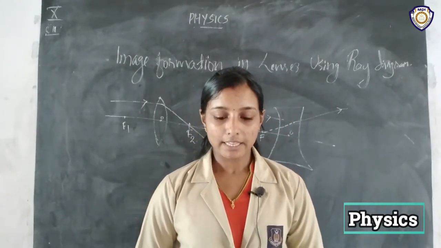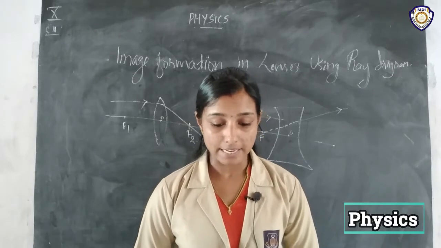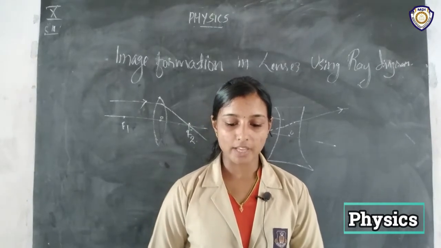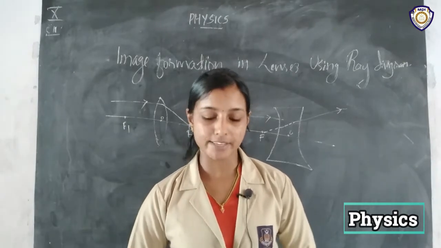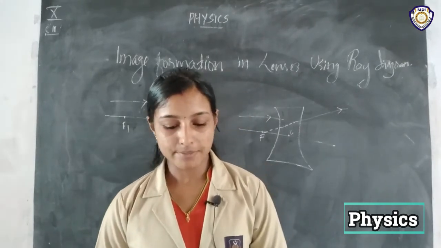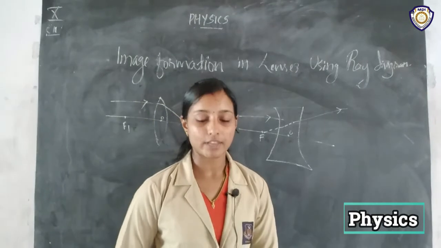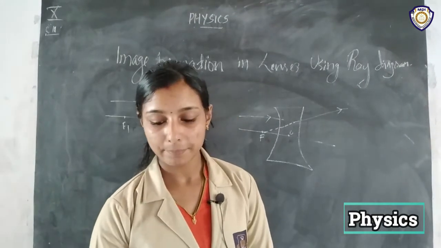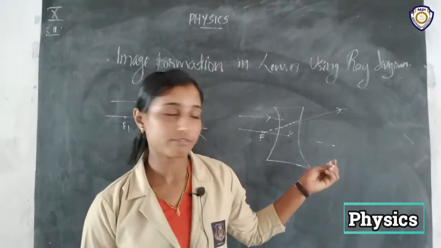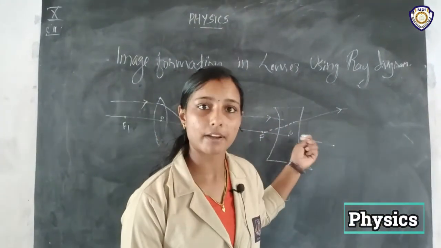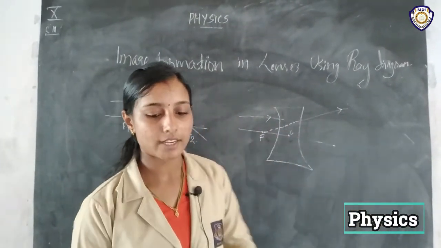In the case of a concave lens, the ray appears to diverge from the principal focus located on the same side of the lens, as shown in figure 10.13b. So this is the first rule, the same as in the case of spherical mirrors.